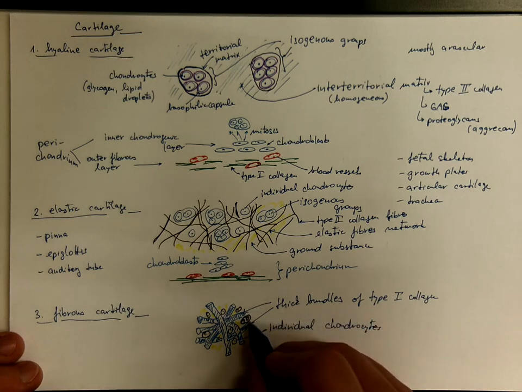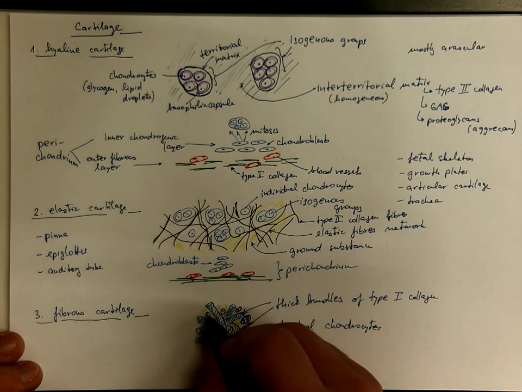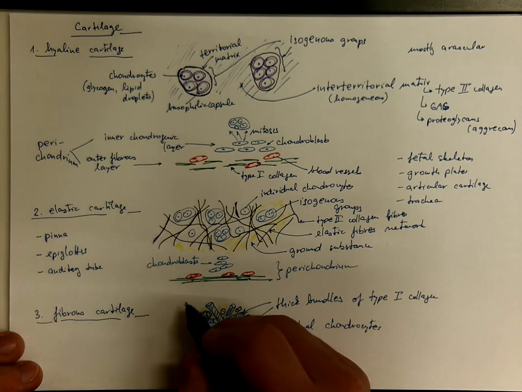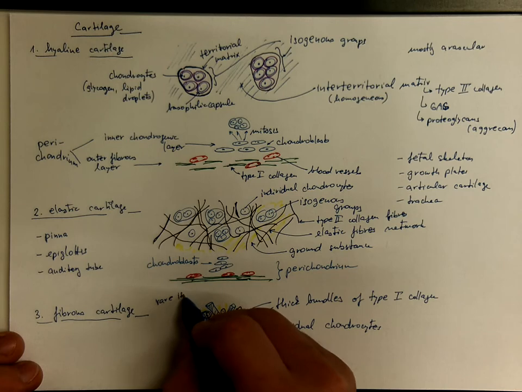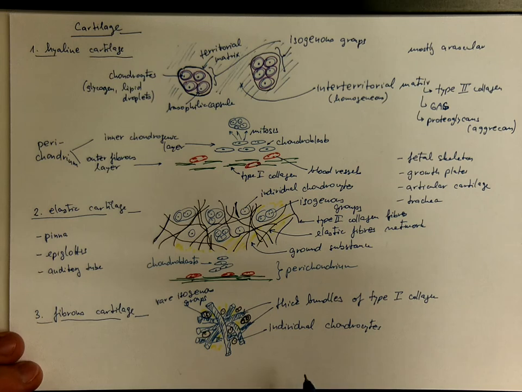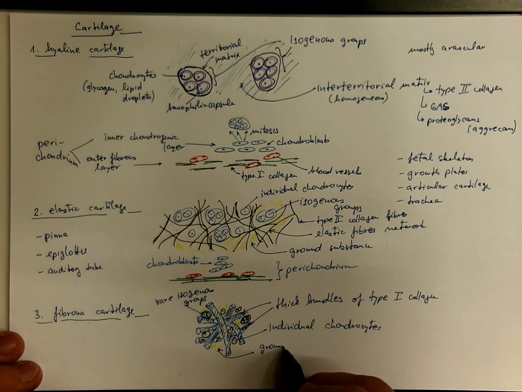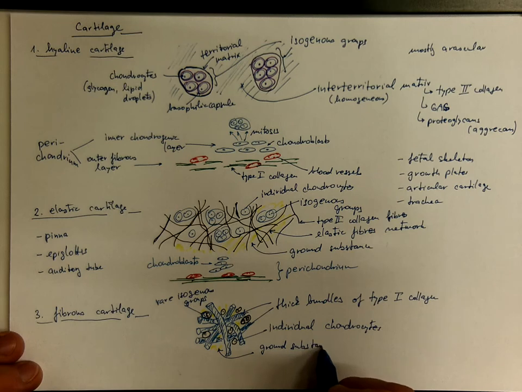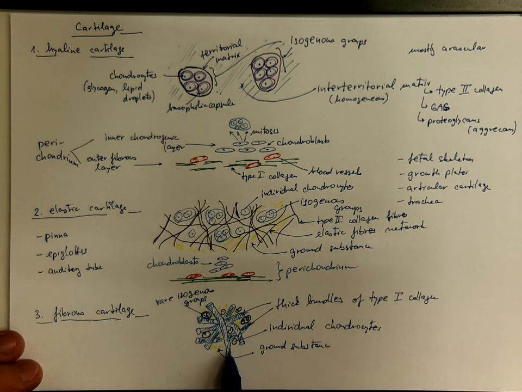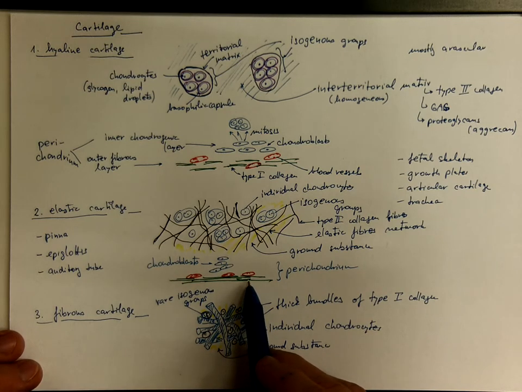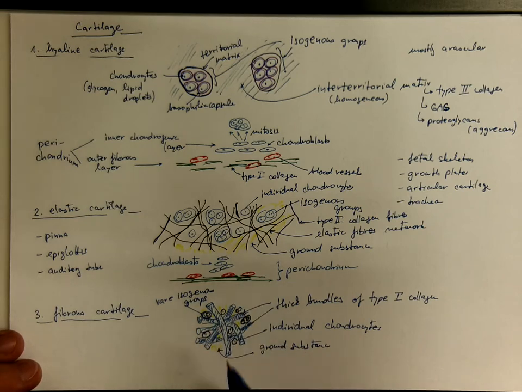And the isogenous groups are even more rare. And there's a small amount of the ground substance. This structure has no well-differentiated perichondrium on its surface because it's all made of type 1 collagen.